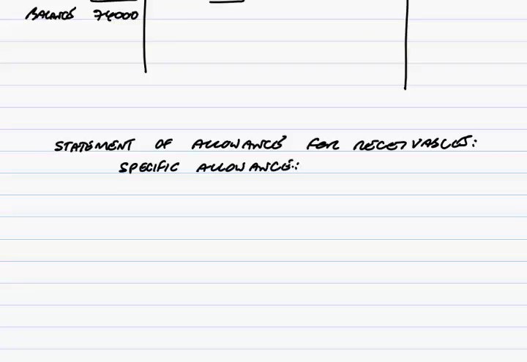Go back to the list. First of all, there's George. George owes us 8,000. He's included in the 74, but he's doubtful. In addition, Anne owes us 2,000. She's doubtful. So in total, 10,000 of our receivables are doubtful, and on the balance sheet we are going to reduce by that 10,000 to be safe. That's a specific allowance.